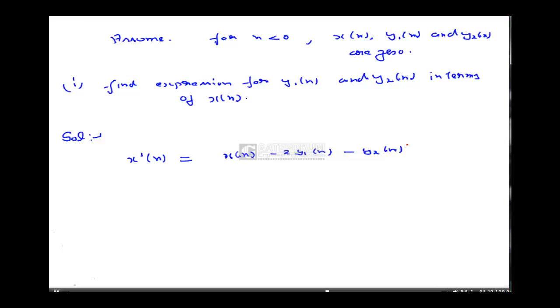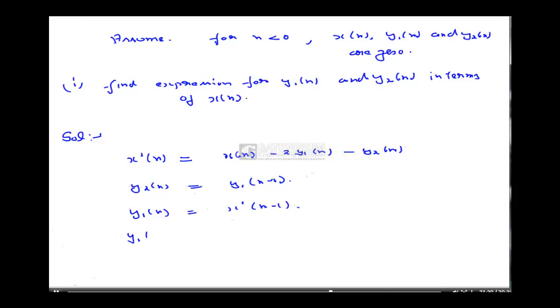Now y2n is equal to y1 of n minus 1, and y1n is equal to x dash of n minus 1.